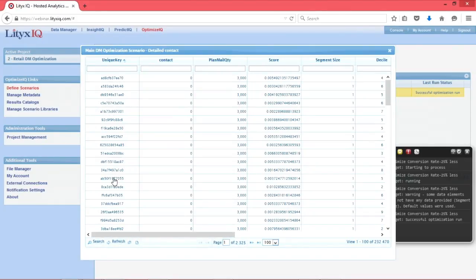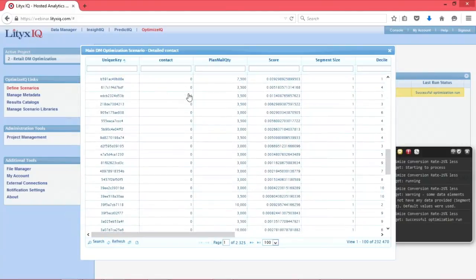Every unique individual in our data set here has either a 1 or a 0 in this contact flag. Targeting some folks, we're not targeting others. That plan is then shipped off to our direct mail vendor, and they execute against it. So this again is the map to how to make this optimal result happen in market.